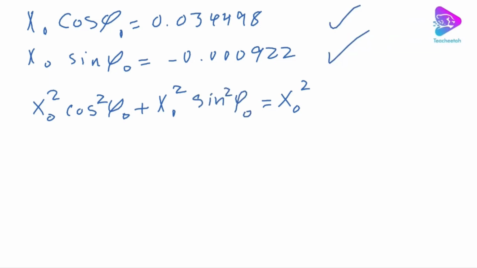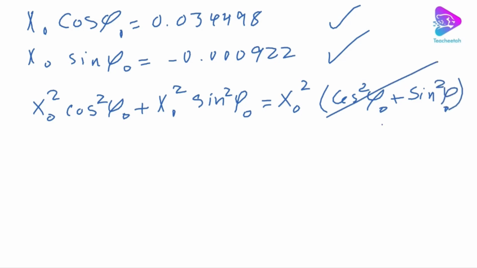This is just math and trigonometry, where sine squared plus cos squared is equal to 1. So basically x naught is equal to the square root of this term, right?